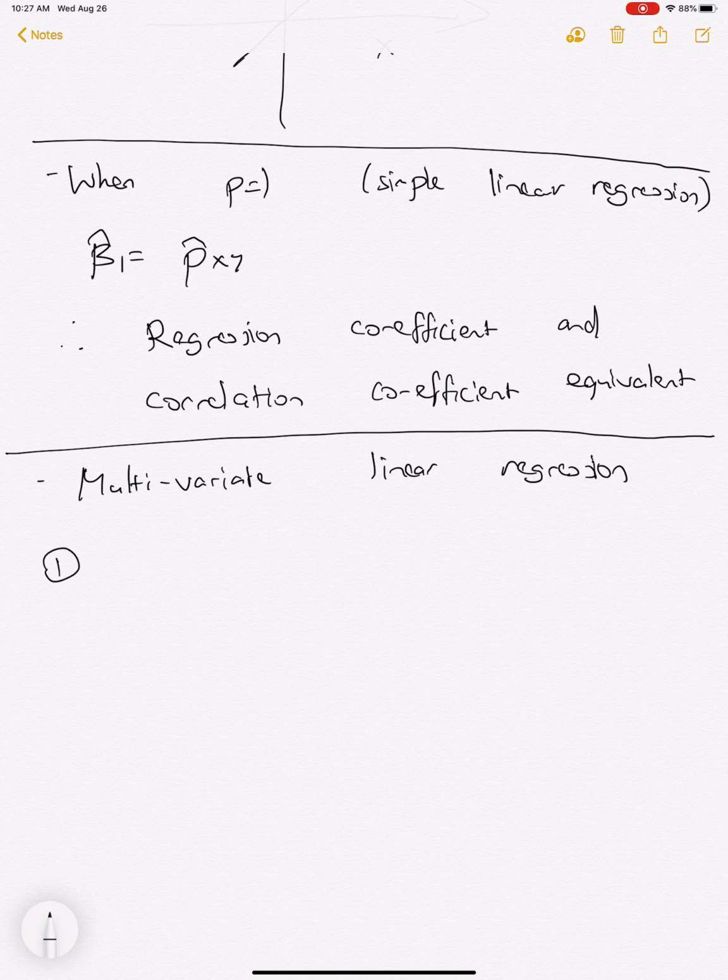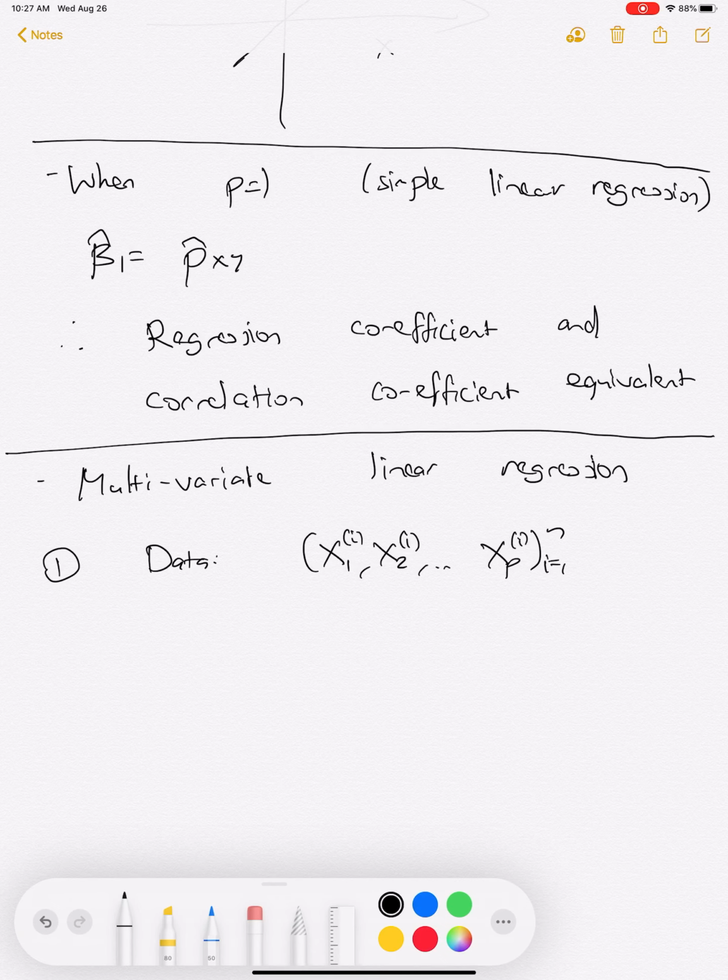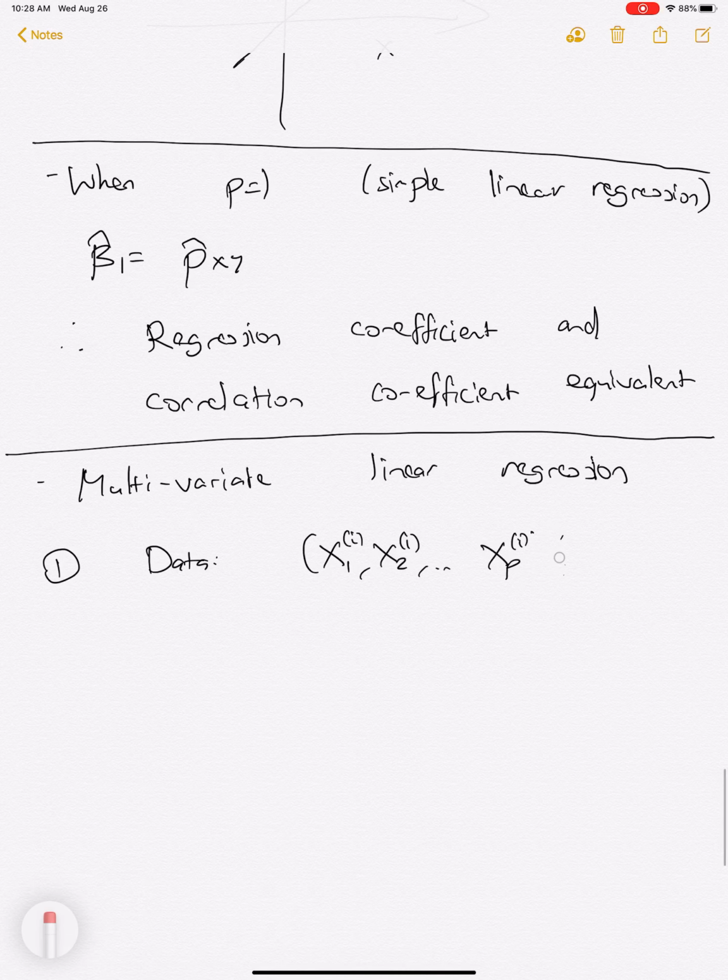So in the multivariate linear regression case, our data is supervised, so there's a y here.